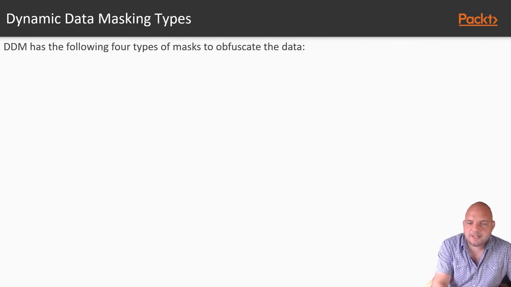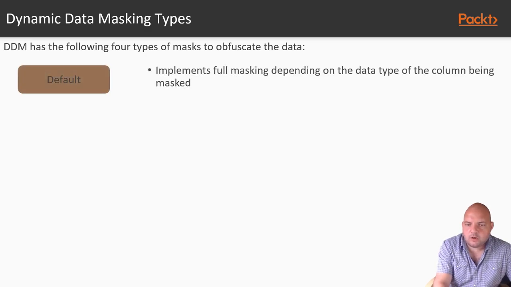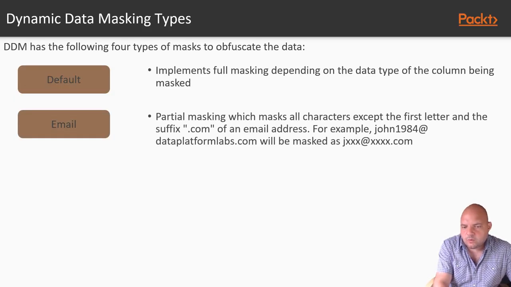Now, dynamic data masking has the following 4 types of masks to obfuscate the data. Default implements full masking depending on the data type of the column being masked. Email, partial masking, which masks all characters except the first letter and the suffix of an email address.